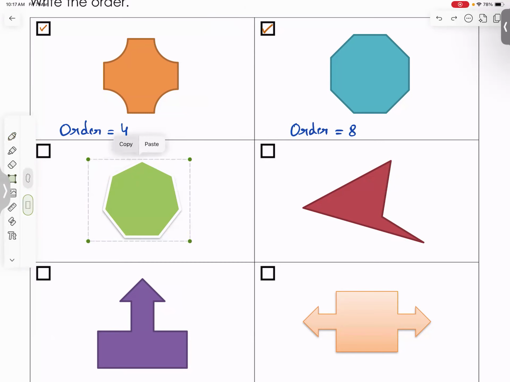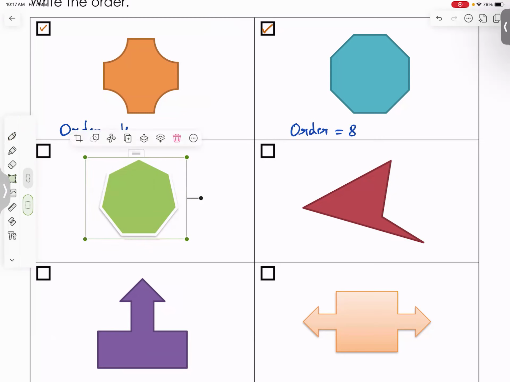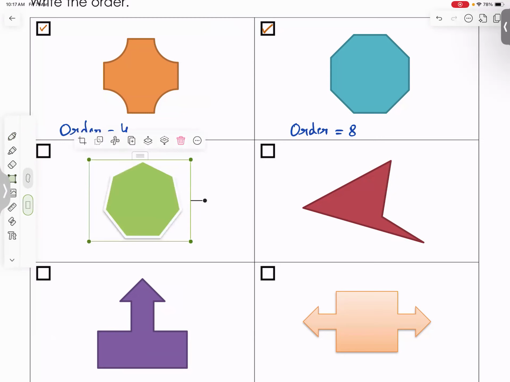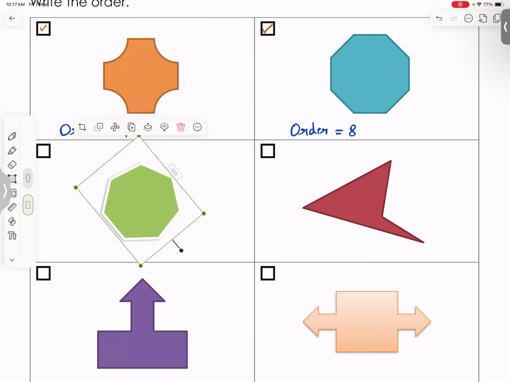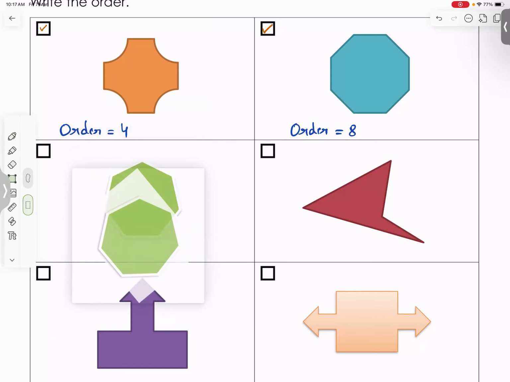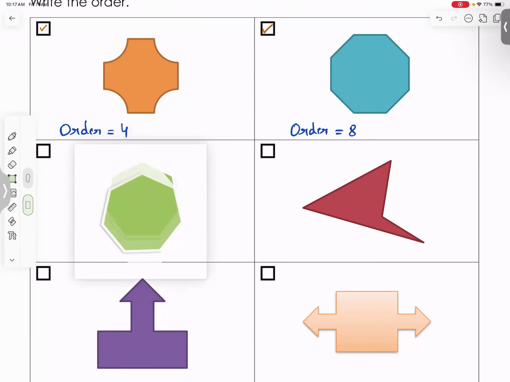I try to find the rotational symmetry by rotating the diagram. It's my original diagram, and I turn this. Okay, then I have this diagram. Oh, I think it's rotational. You can see. Then I rotate again.